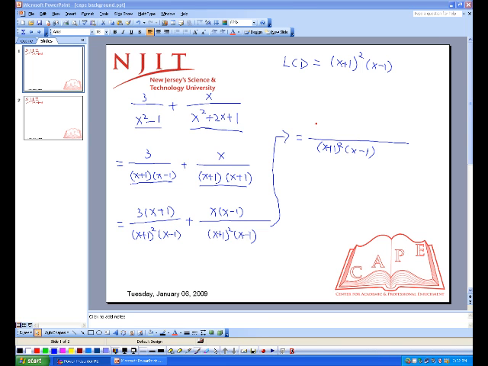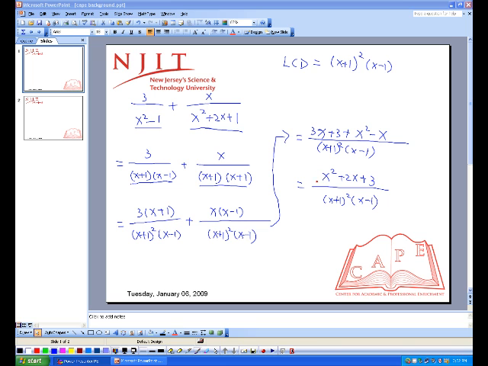The numerator, 3 times x plus 1 becomes 3x plus 3, plus x times x minus 1 becomes x squared minus x. Now to simplify the numerator, it becomes x squared plus 2x plus 3, over x plus 1 squared and x minus 1.